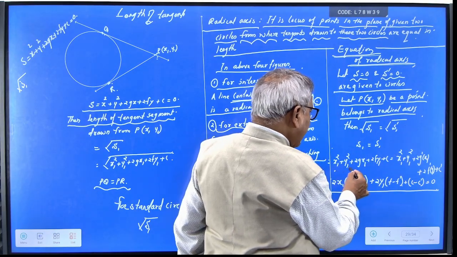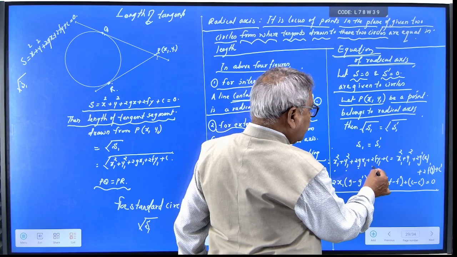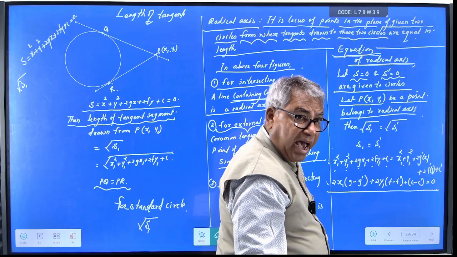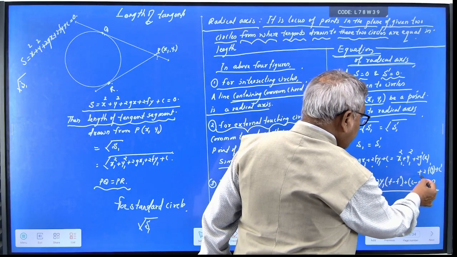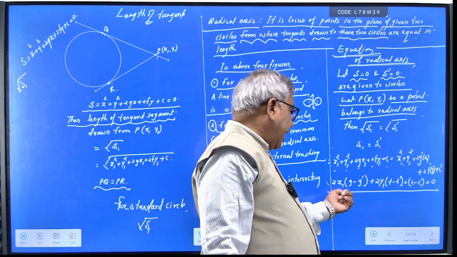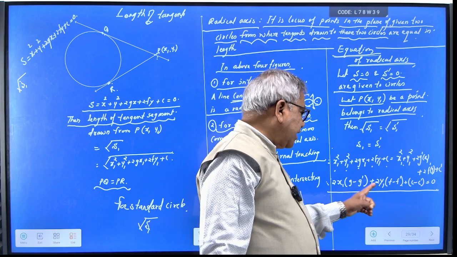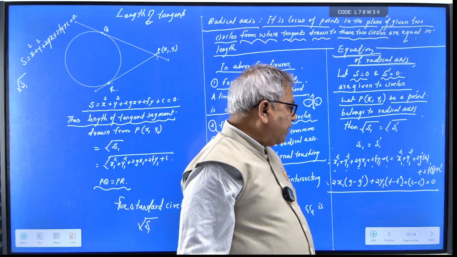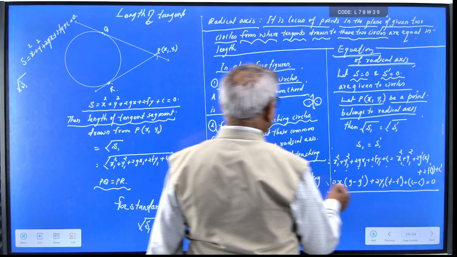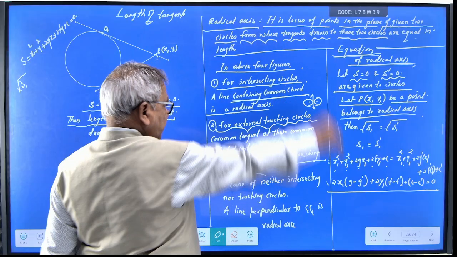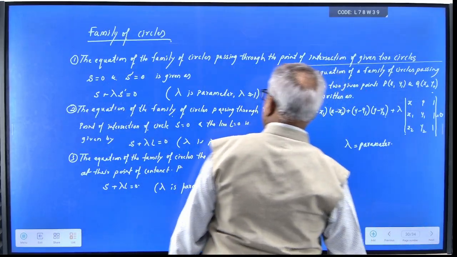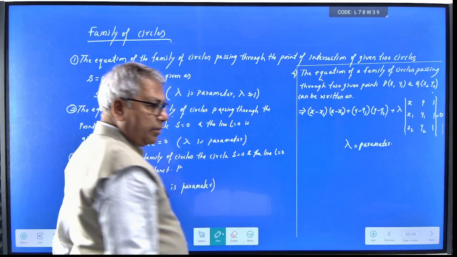Therefore x1 square plus y1 square plus 2gx1 plus 2fy1 plus c is equal to x1 square plus y1 square plus 2g dash x1 plus 2f dash y1 plus c dash. So the equation becomes 2x1 into bracket g minus g dash plus 2y1 into bracket f minus f dash plus c minus c dash is equal to 0, which is the equation of the radical axis. The radical axis is a locus of points from where tangents drawn to the circles are equal in length.